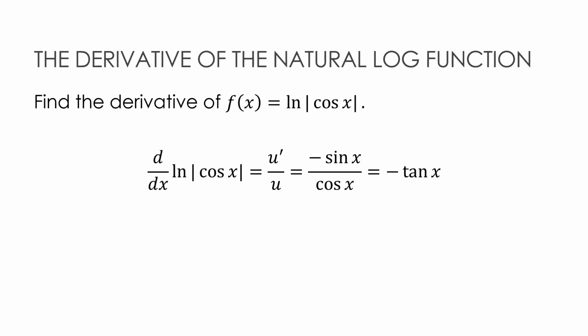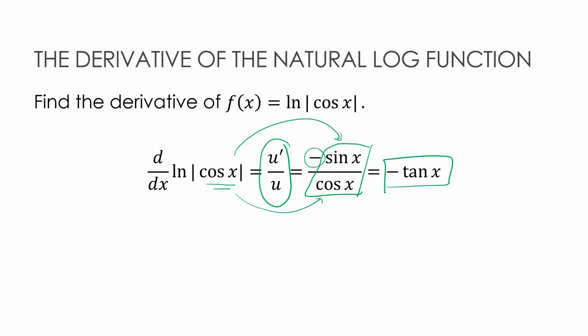I've got the absolute value, and so the absolute value basically says I'm still using u prime over u, and u prime would be the derivative of cosine of x, which is negative sine of x, and then of course cosine of x goes in the denominator. And hopefully you're familiar enough with trig functions to know that sine over cosine is tangent, and of course because I have a negative, that's negative tangent of x.